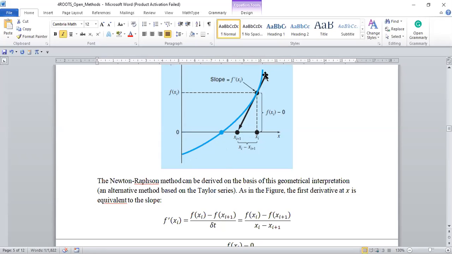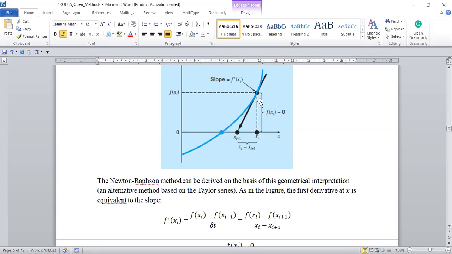So that's the basic idea of the Newton-Raphson method. This is the initial guess you are giving. In order to get the next iteration, just draw a tangent line to that particular value of the function. Then the point at which the tangent line touches the x-axis, that's the new value of the root.